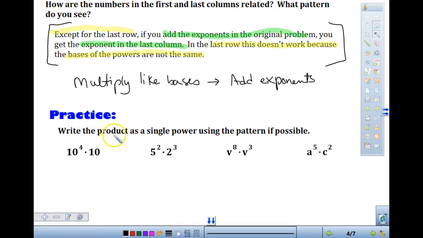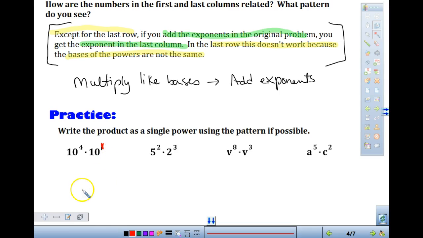So as we're looking at this one. All right, so that's our rule, so everyone should have had that written in, right? Except for the last row, we add the exponents in the original to get the last row. The last row doesn't work because the bases were not the same. So we have 10 to the 4th, and this would really be 10 to, there's no number there. We're going to put a 1 in. Anytime there is no exponent, you can always put a 1 there.